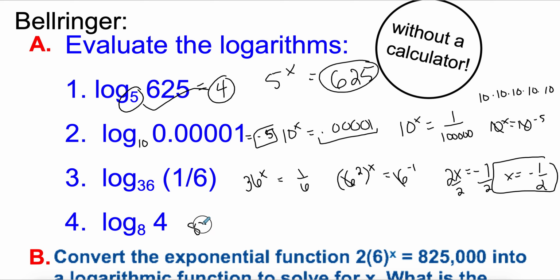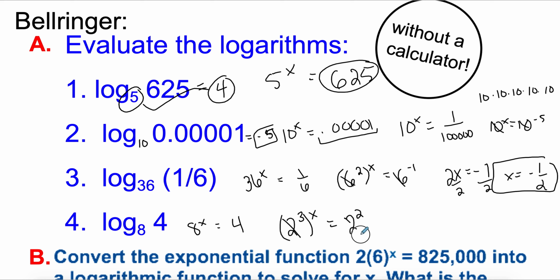One more here, then we'll look at some exponential functions down below. So 8 to the x is equal to 4. This one might be a little harder to see, because you might want to try 2 times 4, but you can't do that. They have to be powers of something, and 8 is not a power of 4. So you want to think about smaller numbers, so we're going to go with 2's. 2 to the third is 8, and 2 squared is 4.